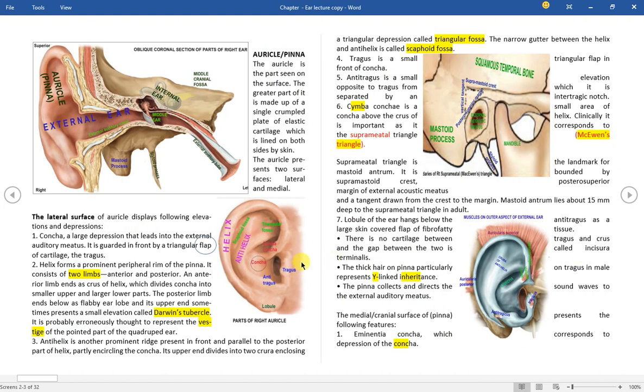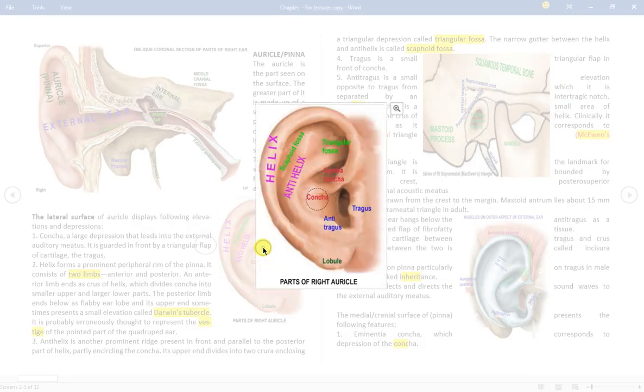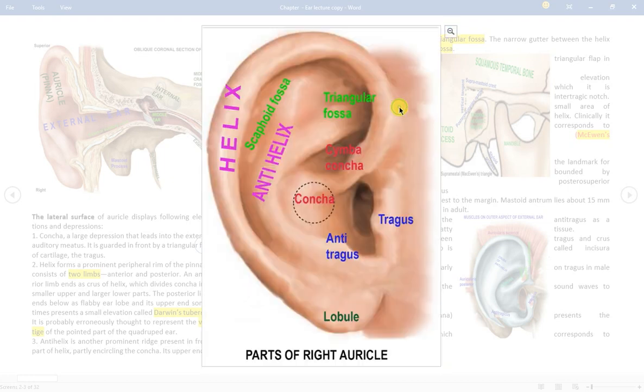Now, if we divide various areas of the auricle, then we have some terminologies. Try to remember. This convex larger outer border is called helix. Similar border inside, that is called antihelix.